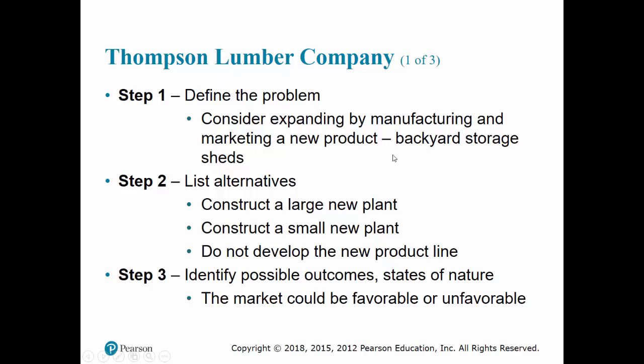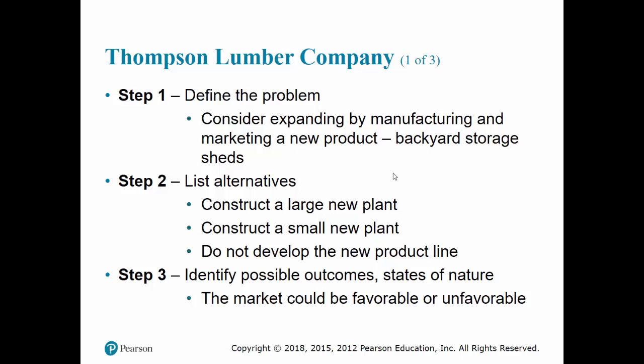They're considering expanding the manufacturing and marketing a new product, which they call backyard storage sheds. So that's the problem. The alternatives, the second step, are we can construct a large new plant, or construct a small new plant, or not develop a new line at all. So do nothing.